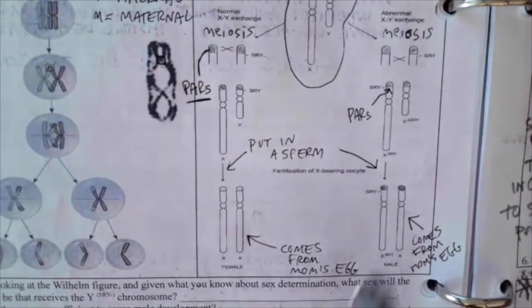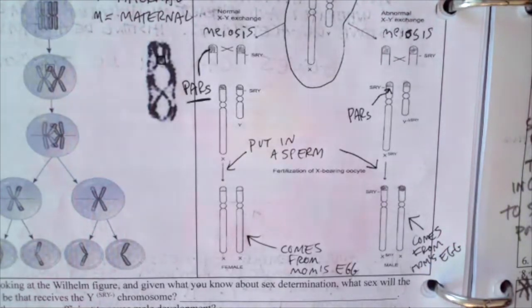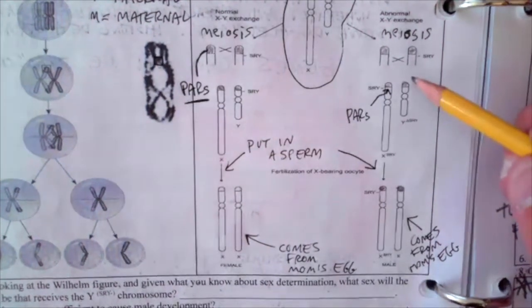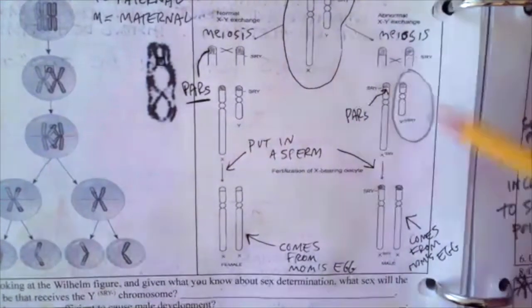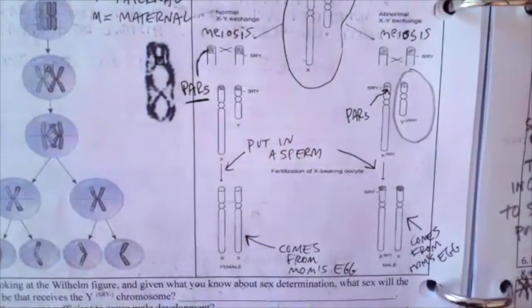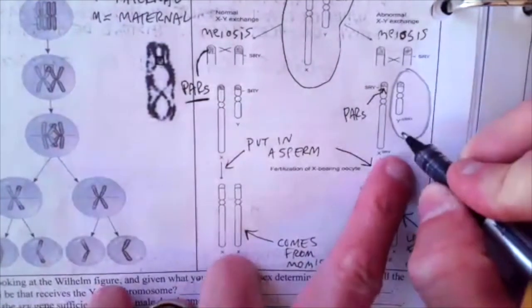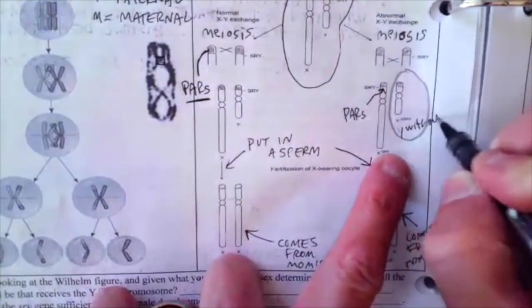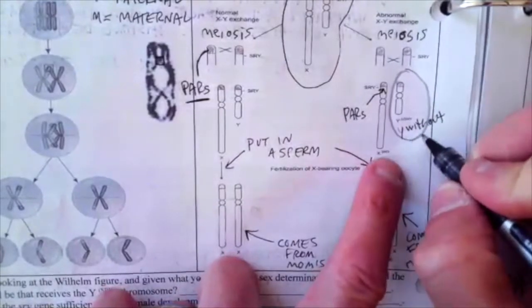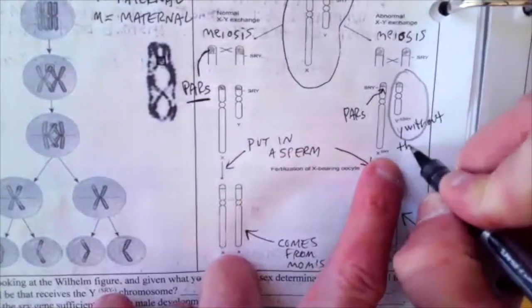So looking at this figure, given what we know about sex determination, what sex will the child be? The question now is, what sex is the child going to be that receives this chromosome, Ari? This is a Y without the SRY gene. So this is going to go in a sperm too.